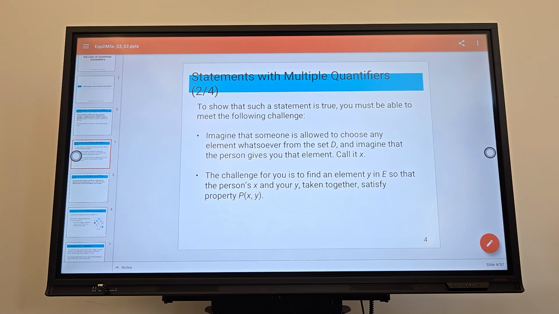Imagine that someone is allowed to choose any element whatsoever from set D, any element x, and then the challenge is for you to find an element y in E so that the person's x and your y taken together satisfy the property P of x and y.